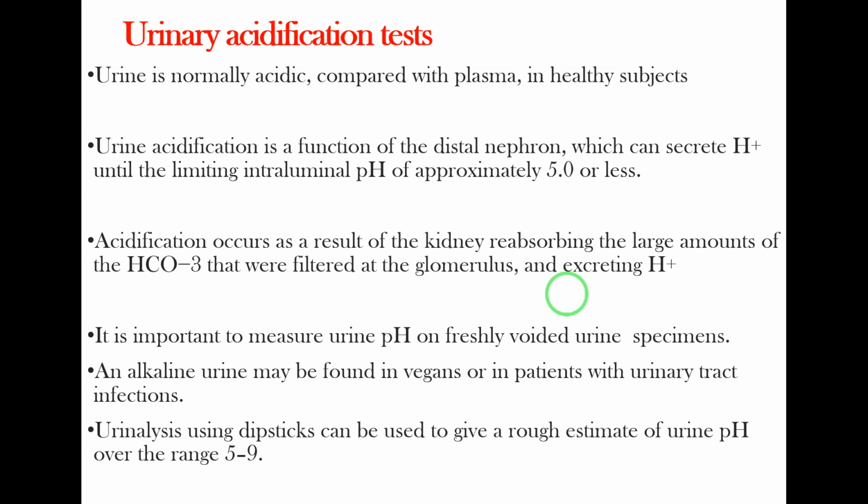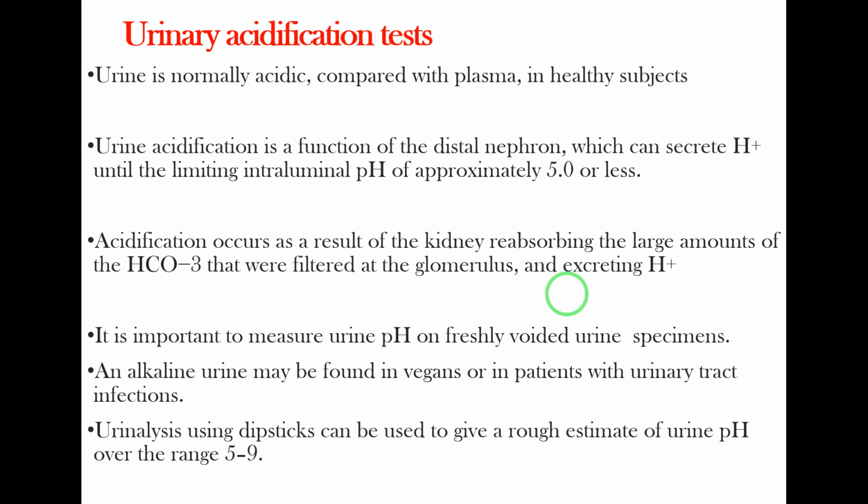The other important test is the urine acidification test. The urine is usually acidic, and one of the functions of the kidney is to get rid of the excess hydrogen that results from metabolism by excreting it in the urine. So in a healthy individual, the urine is acidic.